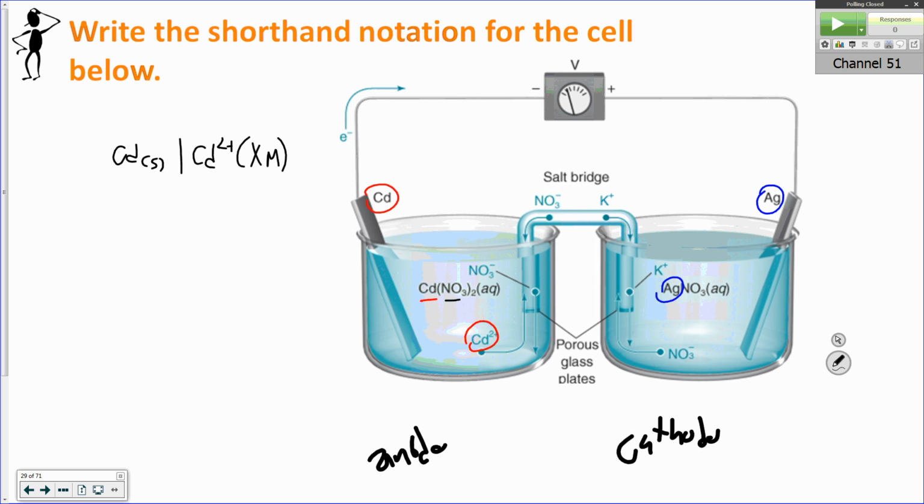The nitrate doesn't matter because it's a counterion and it's not electroactive at all. So then I need a phase boundary, and I go to my other side and I have my silver cation, and whatever its concentration is, represent that, a phase boundary, and the silver electrode. So that's a shorthand representation of what's going on in that cell.